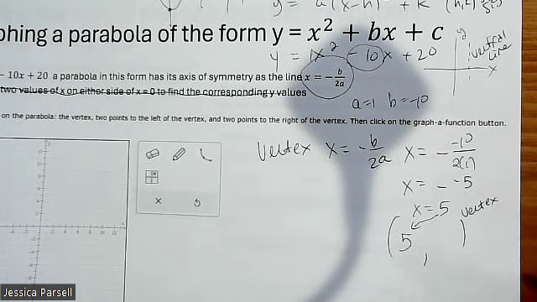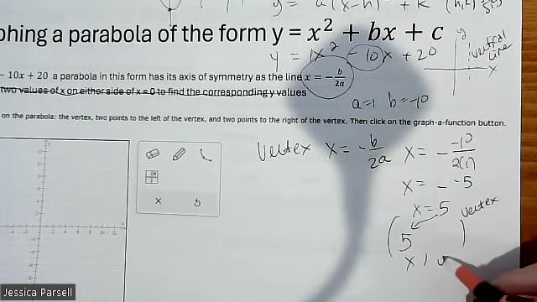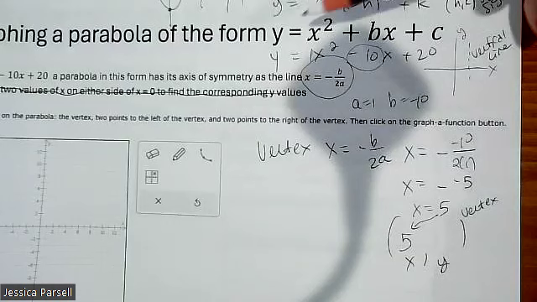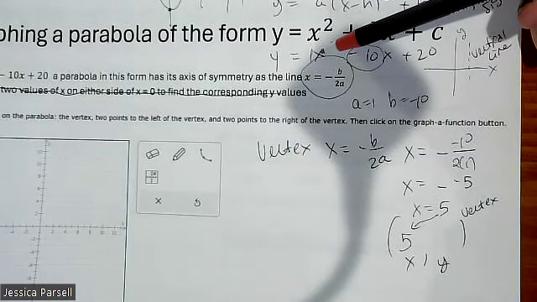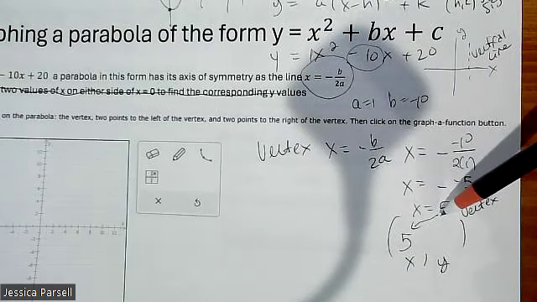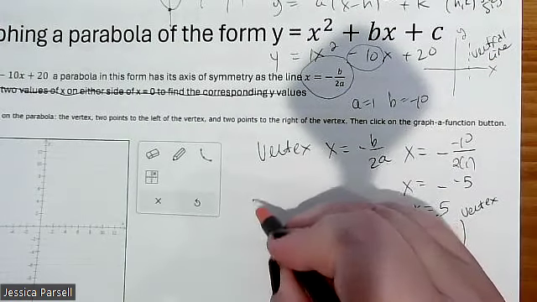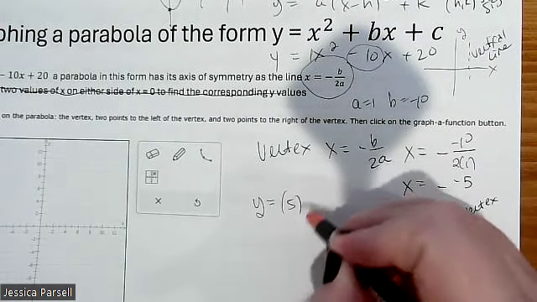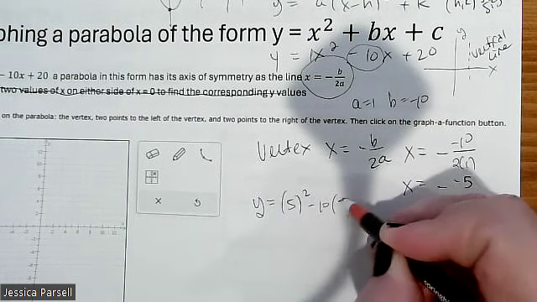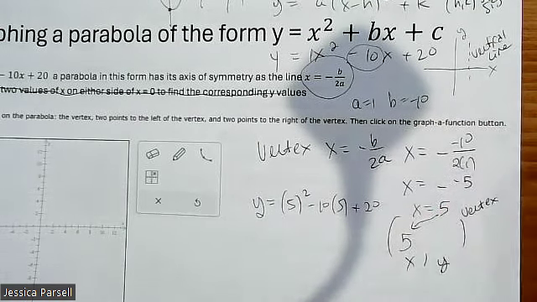Now we're going to have to do a little work to find y. So this is your x, this is your y. Well, this says to us, if you want to know your y, give me an x. Well, we know x is 5. So let's plug that in. So y equals 5 squared minus 10 times 5 plus 20.